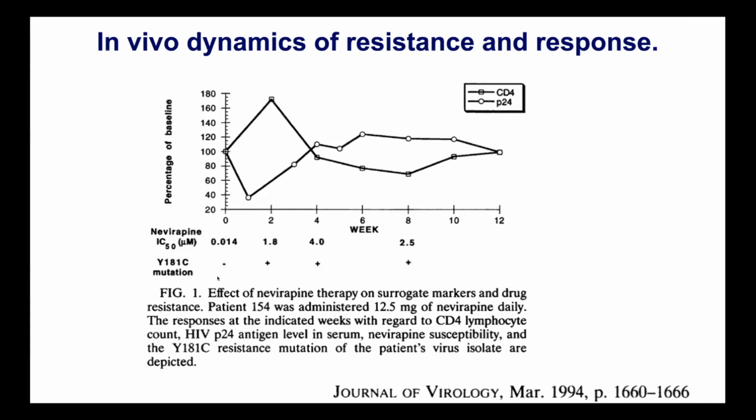But within 2 weeks, we could see the mutation emerge that we had observed in cell culture, and associated with the emergence of the drug resistance mutation, the RNA went back up to baseline and the CD4 came back down to baseline.